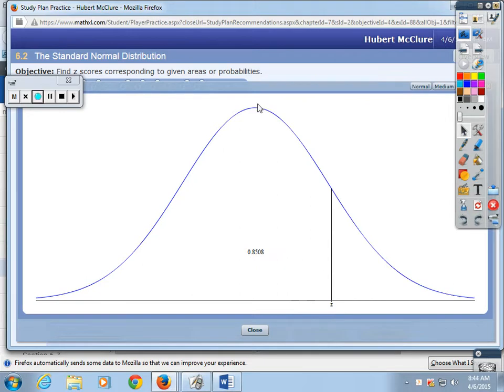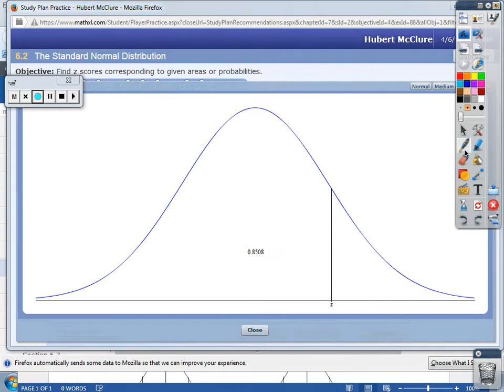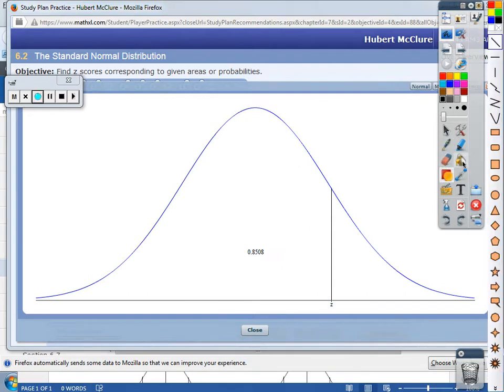Now somebody tell me, hold on a second. Take our handy dandy straight line maker. Wrong one. What kind of z-score are we looking for? A positive z-score.